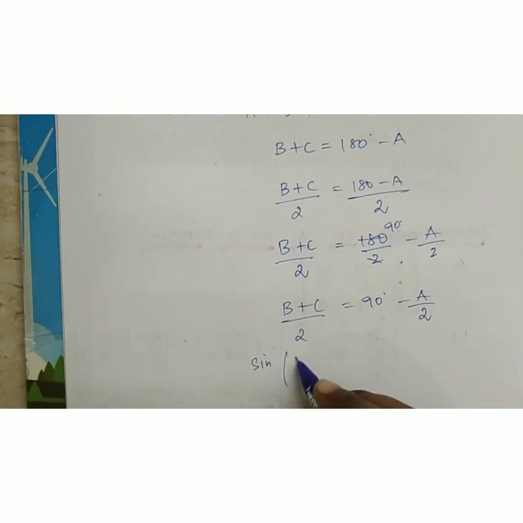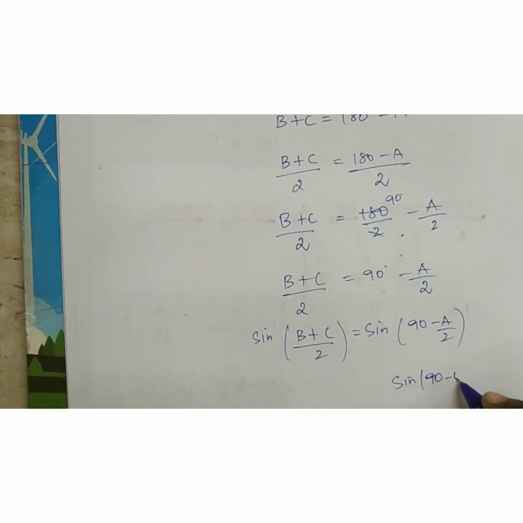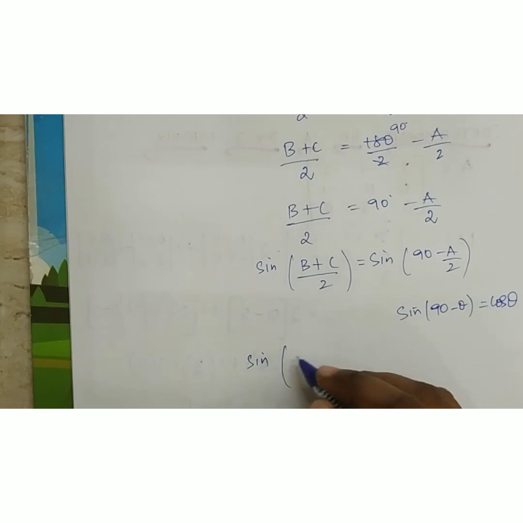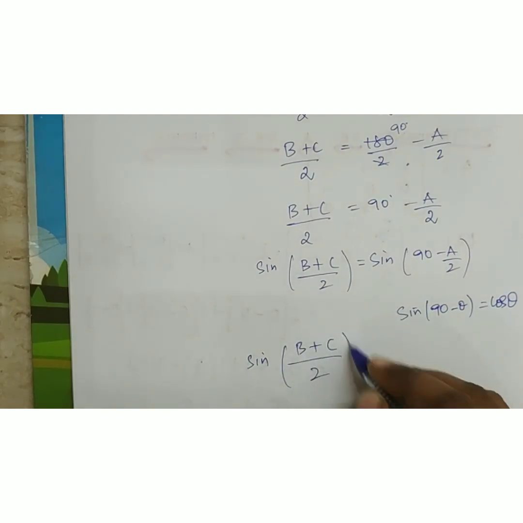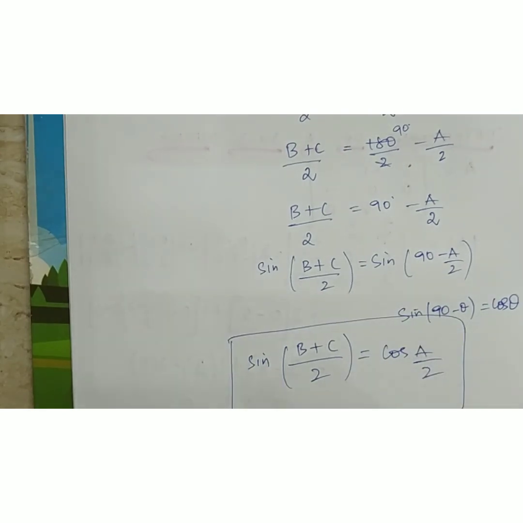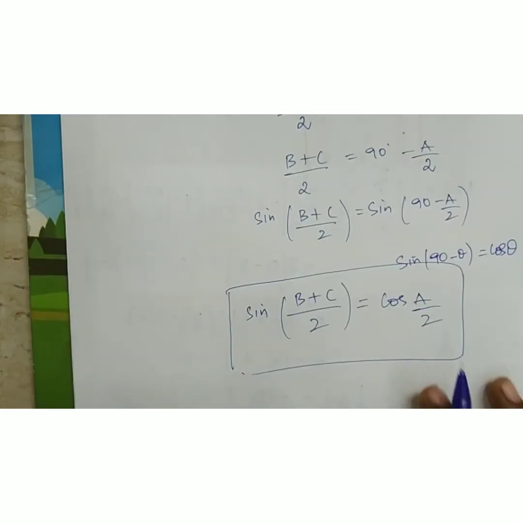So sine of B plus C by 2 equals sine of 90 minus A by 2. We know that sine of 90 minus theta is equal to cos theta. So here the left hand side, sine of B plus C by 2, is equal to the sine of 90 minus A by 2, which will become cos A by 2. That's what you have to prove. So hence proved.